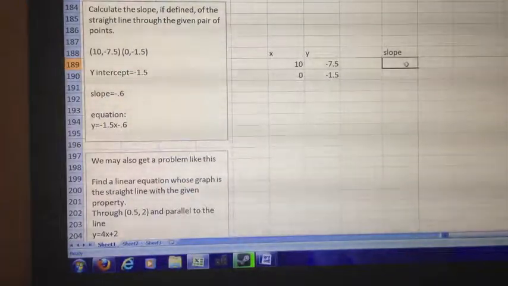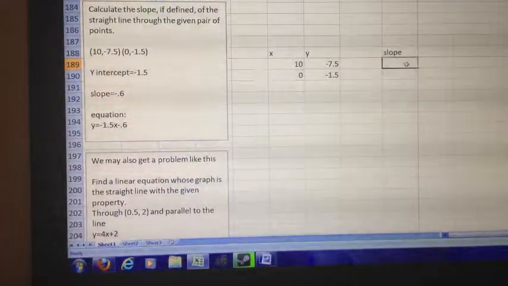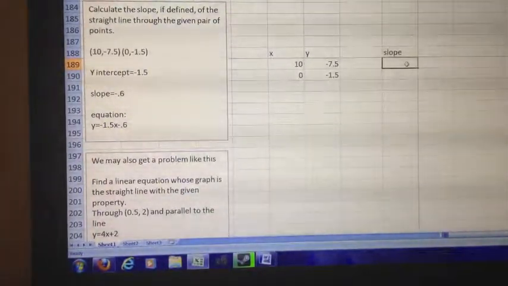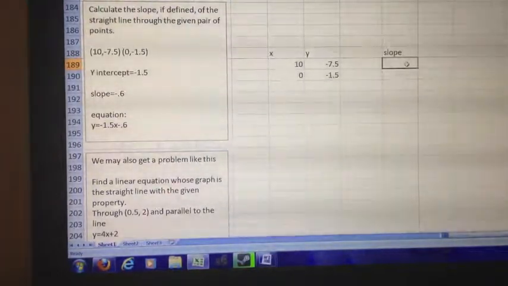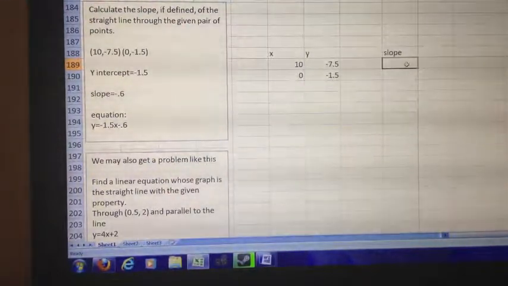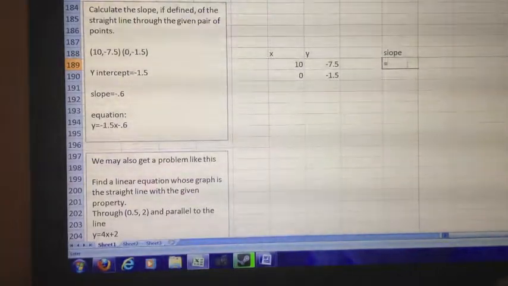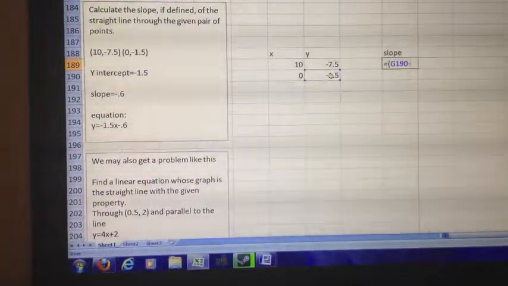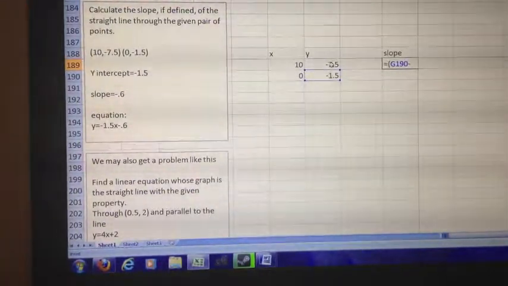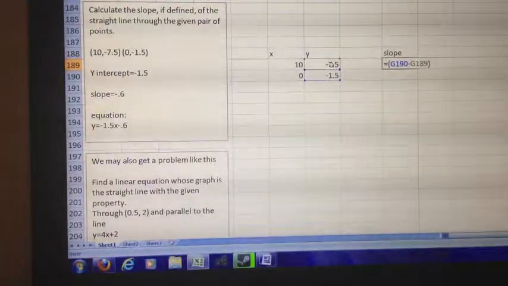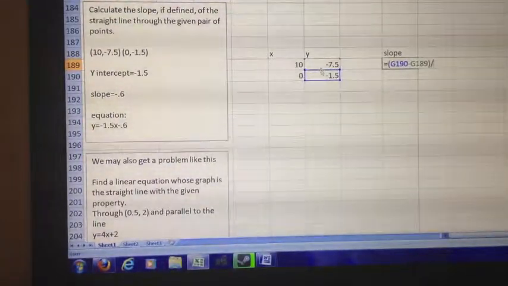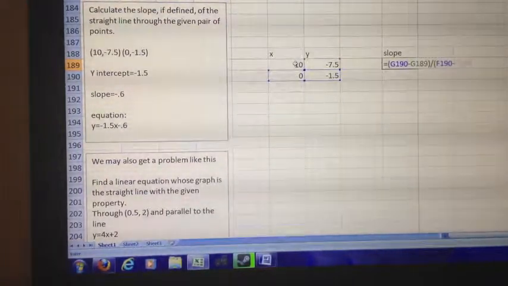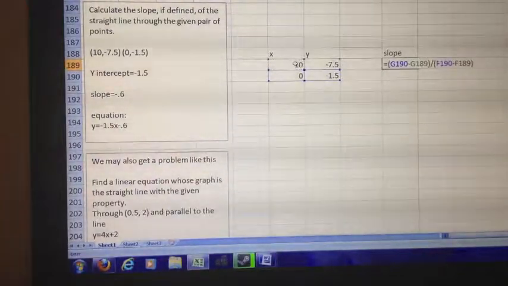So to do this, we have to follow the equation y2 minus y1 divided by x2 minus x1. So we go over to our Excel spreadsheet, we go where it says slope, and we're going to hit equals. We're going to open our parentheses, then do y2 minus y1, and close our parentheses and do divided by, open our parentheses again, and do x2 minus x1, close our parentheses, and hit enter.